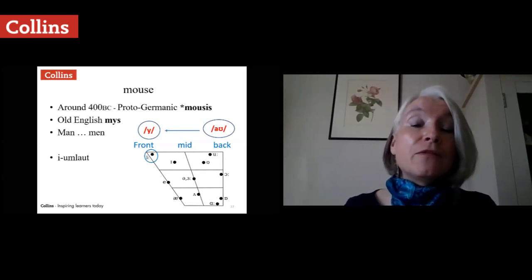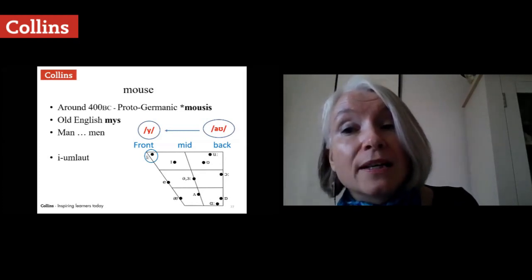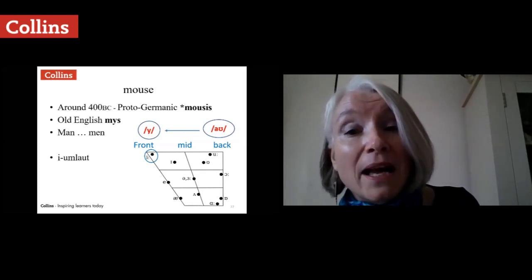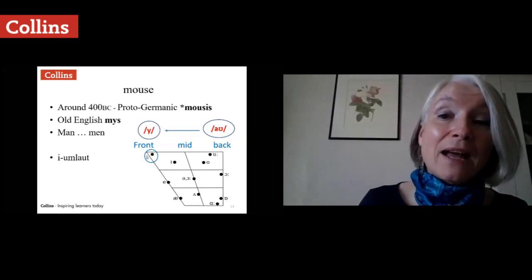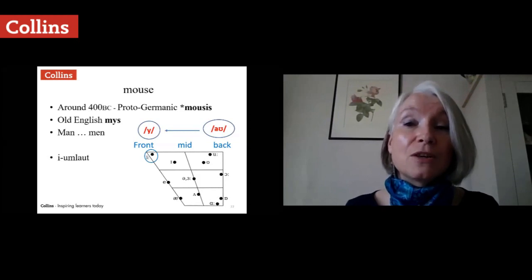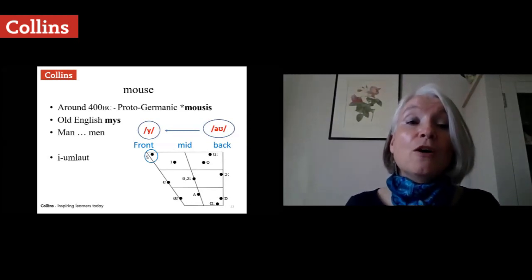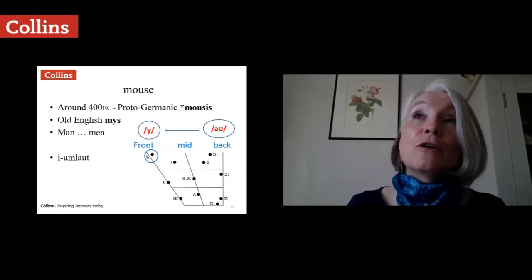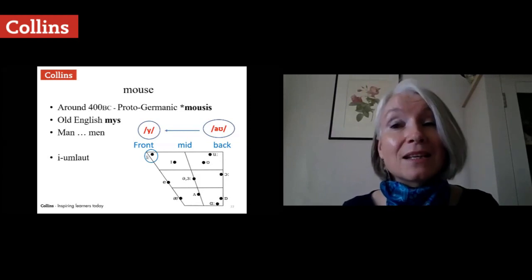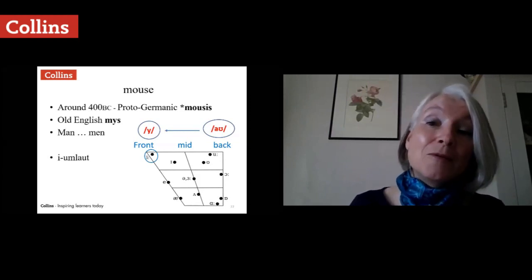But we believe that this shift from pronouncing words with vowels at the back of the mouth to pronouncing words with vowels at the front of the mouth, which is called the I umlaut rule, is responsible for the plural of man being men and the plural of foot being feet and tooth being teeth and woman being women.